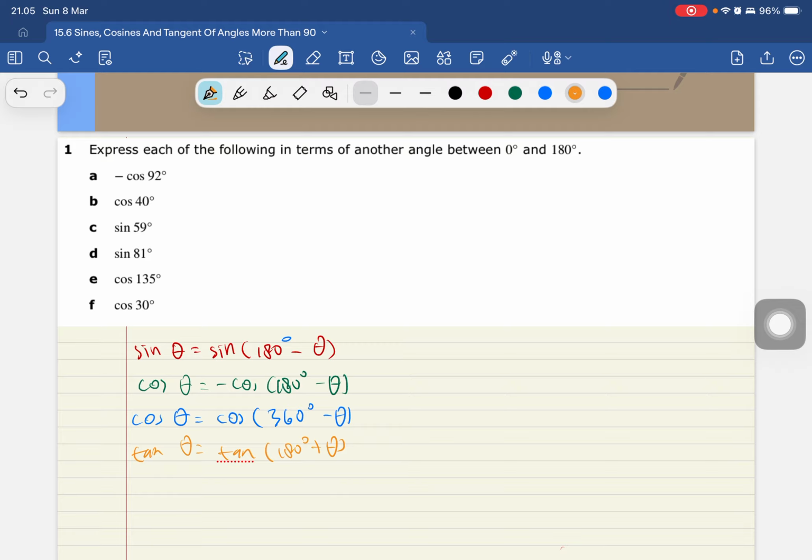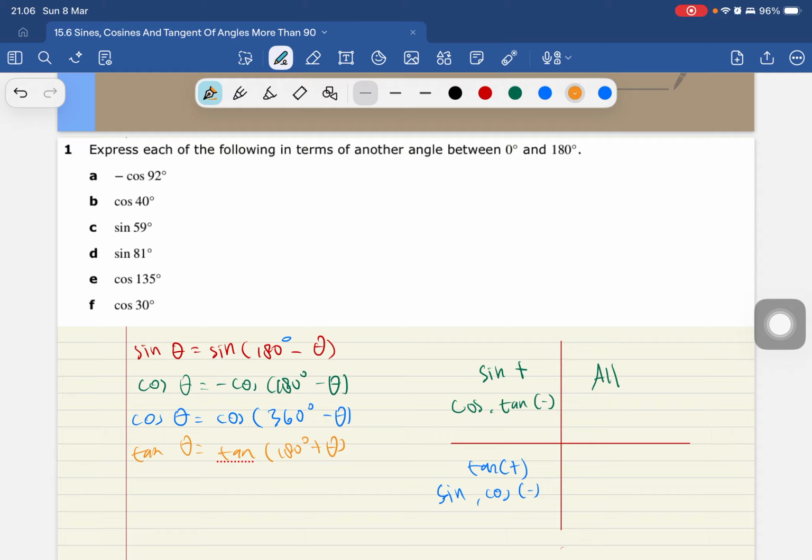How did we get all these formulas? This is just a kind reminder. We have four quadrants here. In the first, all are positive. In the second, sine is positive, and cos and tan are negative. Here, in the third, only tan is positive, and sine and cos are negative.